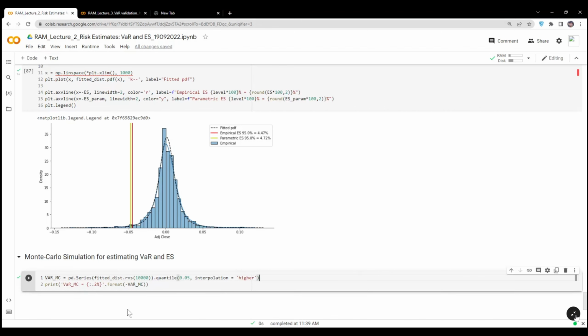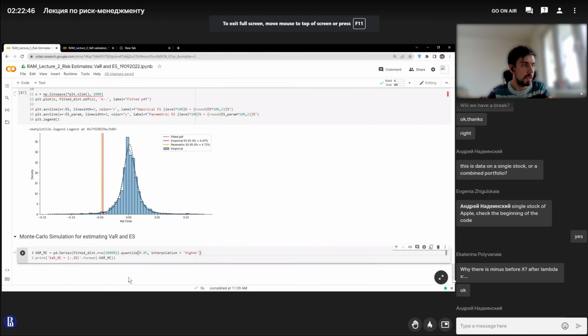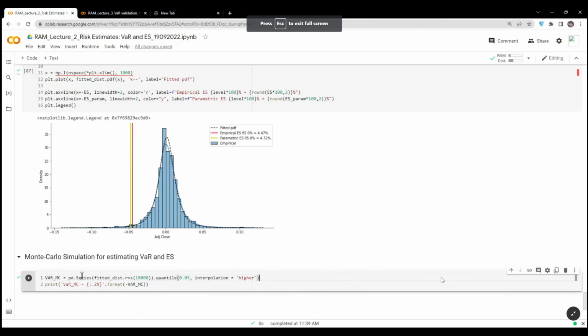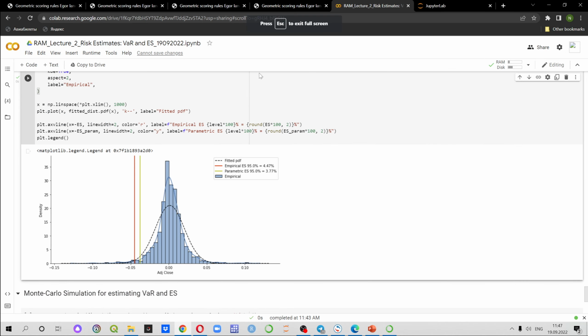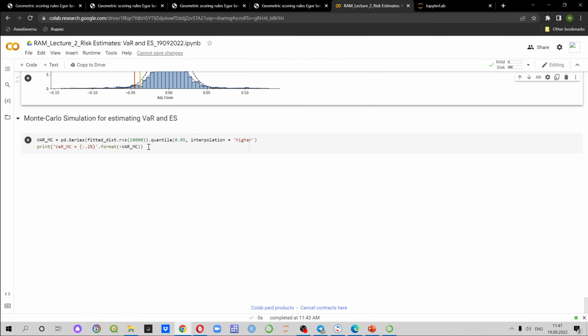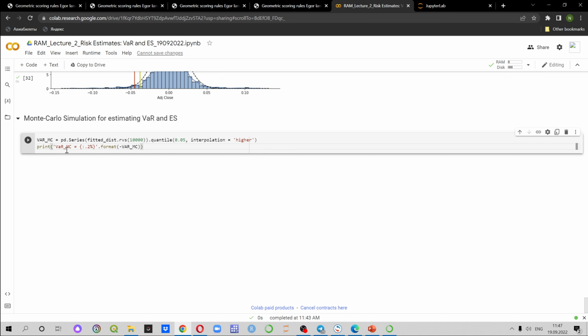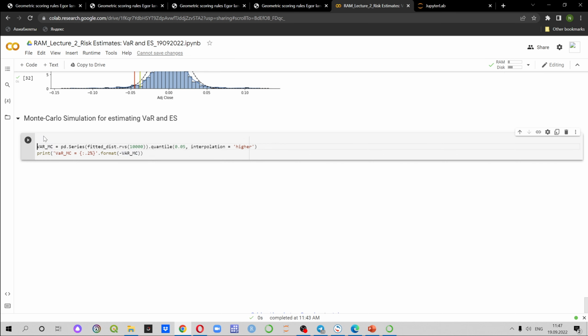Okay, so that's just a couple of lines of code. The first line represents generating the sample containing 10,000 scenarios, 10,000 points, and then we can get the empirical quantile on this distribution using the standard quantile function.